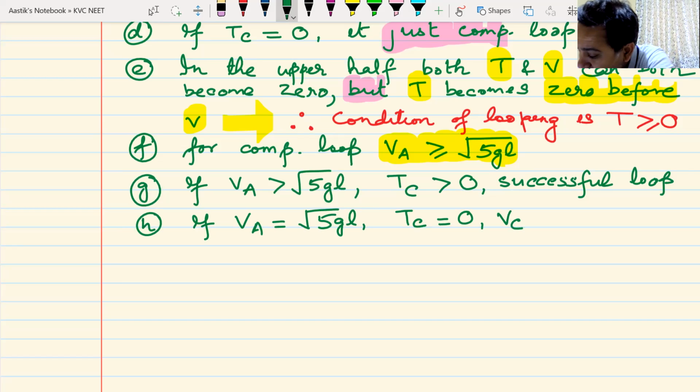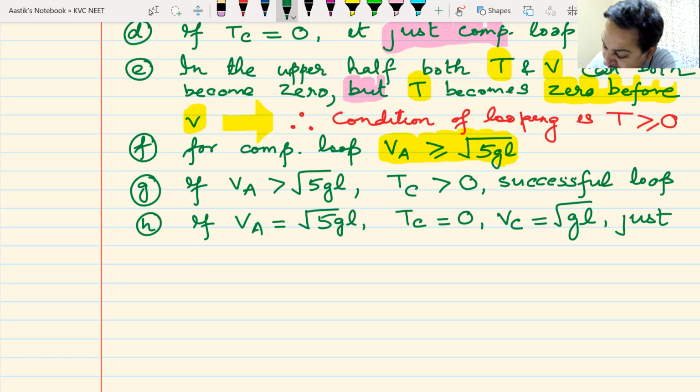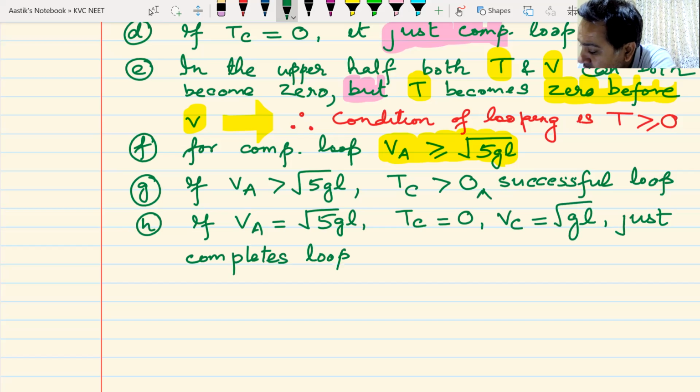Velocity at point C becomes equal to root of GL, and it just completes the loop. Here you can also add, speed at point C will be greater than or equal to root of GL.